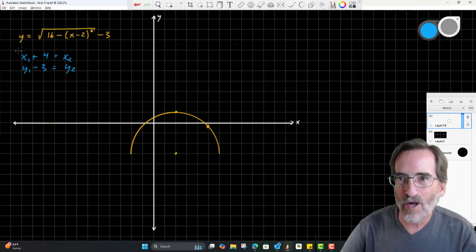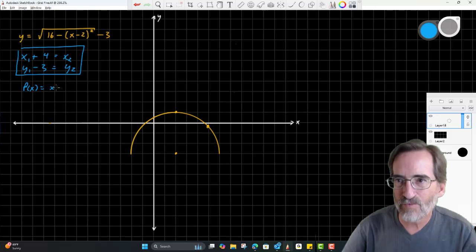That would be the equation method that we talked about before of expressing it. Or we could express it as a function, f of x equals x plus 4, g of y equals y minus 3. That would be the function notation.